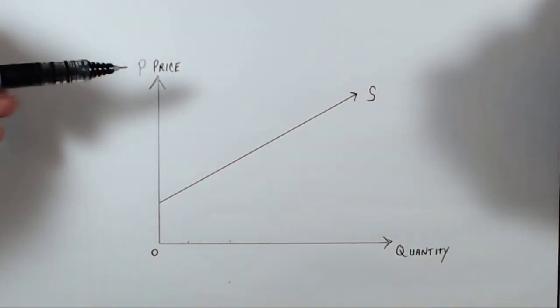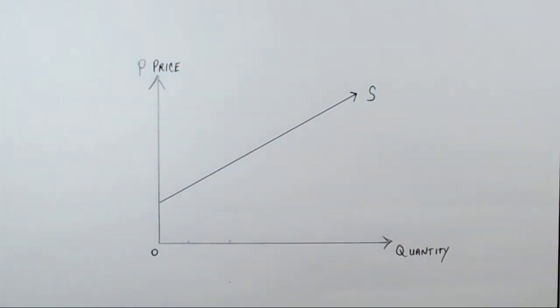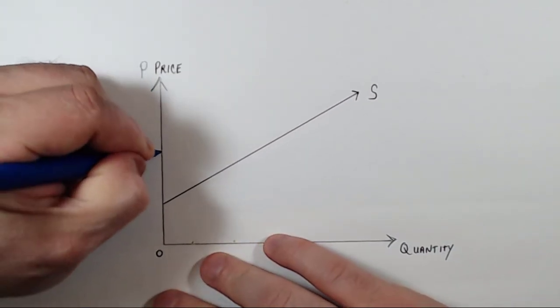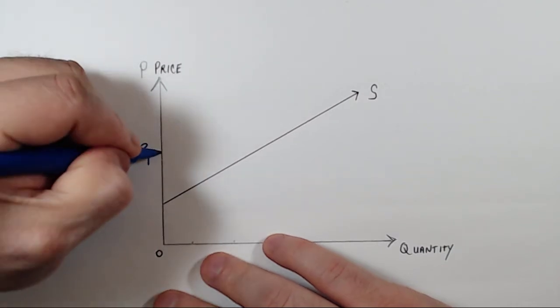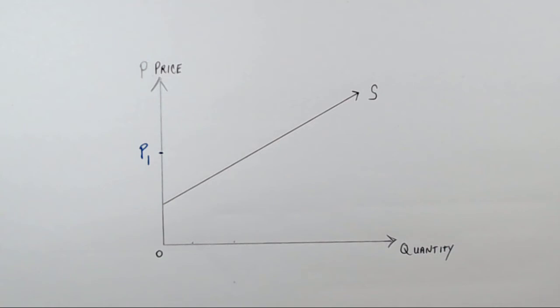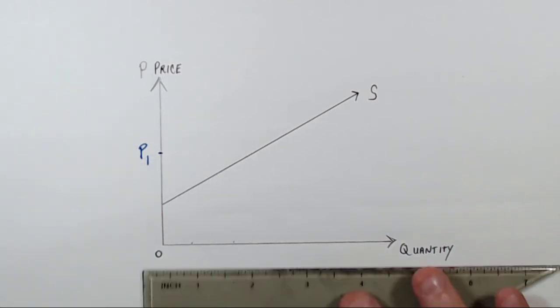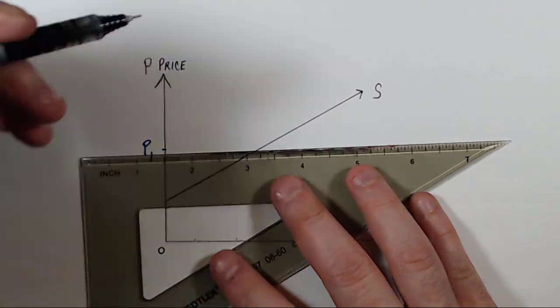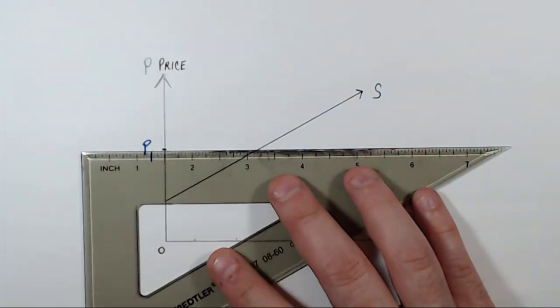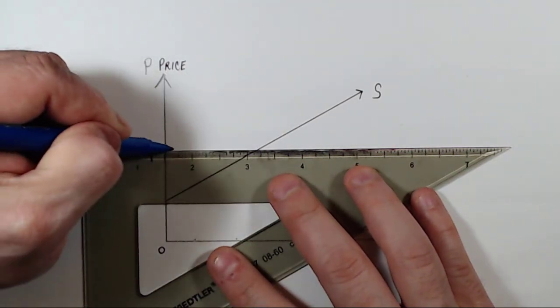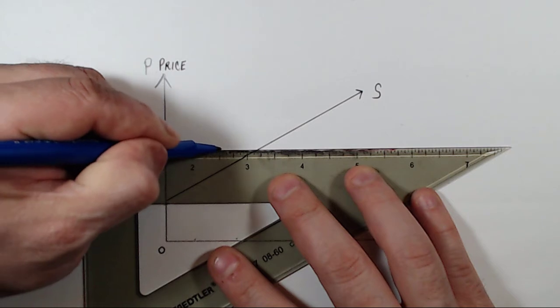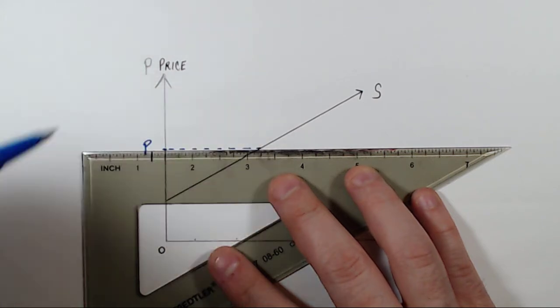So a couple of basic things. If we suppose a price, we'll call this P sub 1 right here, how would we evaluate what the quantity supplied would be at that price? Well, all you need to do is take a straight edge and follow this price out to the supply curve with dotted lines until you hit the supply curve.